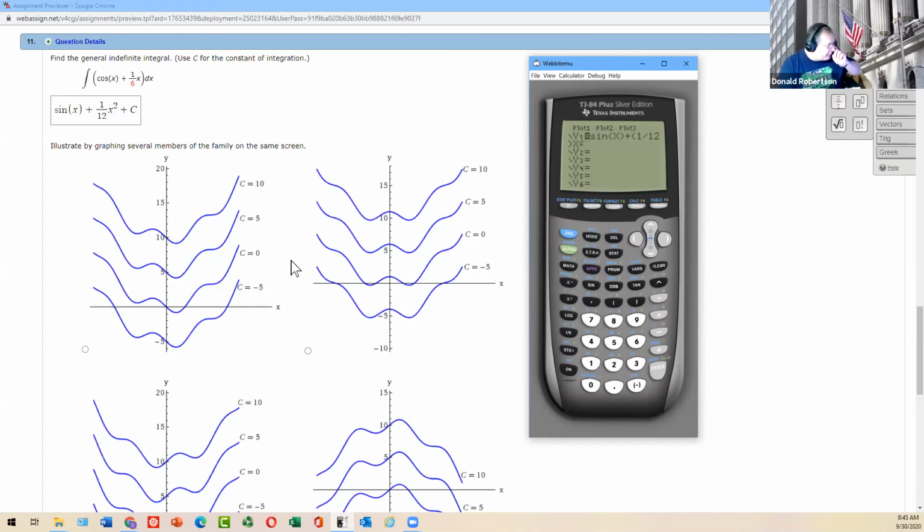Right, now, if you put in the numbers -5, that's the first one, right? Subtract 5. And you do, I don't know, what kind of window should I do? I don't really care. Let's do -2 pi to pi. There's -2 pi.